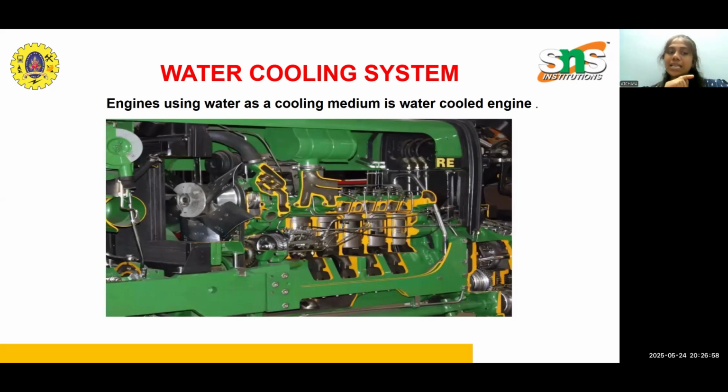Comparison of the IC engine versus the EV cooling system. Heat source: in an IC engine, the heat source is combustion. But in electric tractors, the heat source is the motor, inverter or battery. The cooling medium used in the internal combustion engine is water or coolant. But in electric tractors, it is air or coolant.